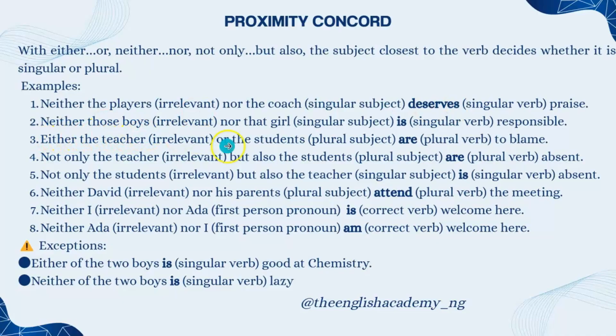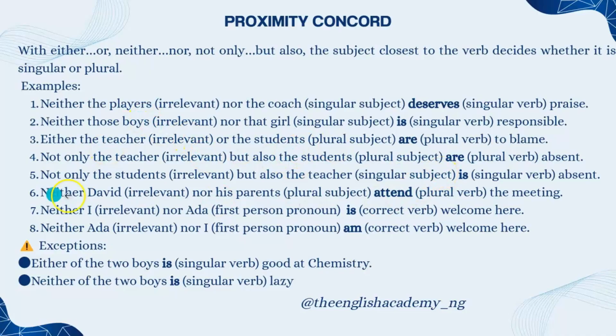Neither those boys nor that girl. Girl is the one that determines, so it is responsible. If the reverse is the case, if we have neither that girl nor those boys, then the answer will be what? Are responsible. It's as simple as that. Either the teacher or the students are to blame, but you can also say either the students or the teacher is to blame.